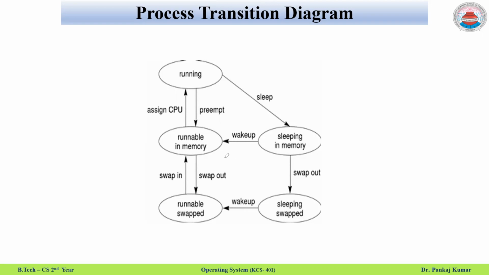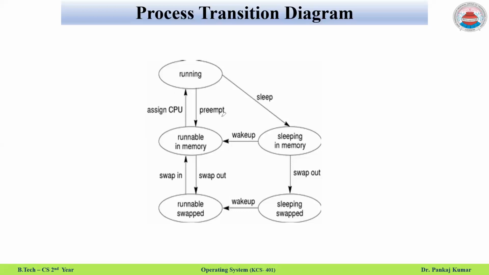It means that, temporarily or permanently, the process which is in runnable state, meaning CPU is not assigned to it, is moved out and some other process enters into the RAM.